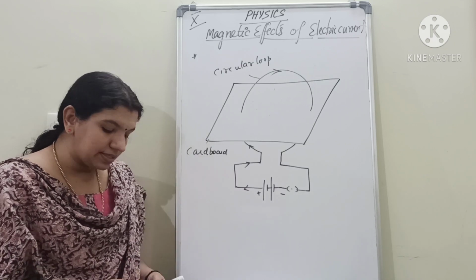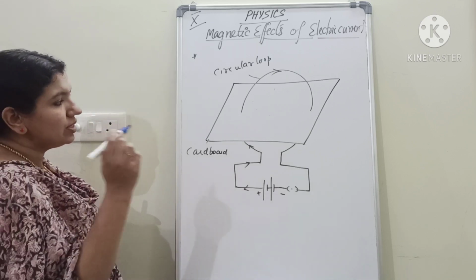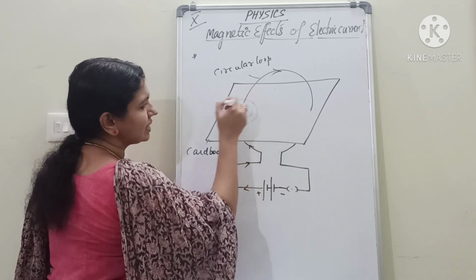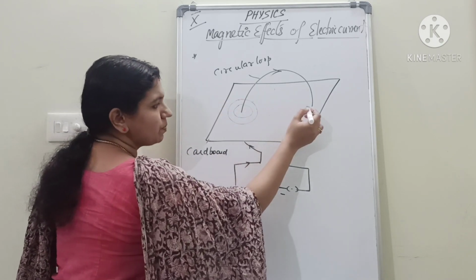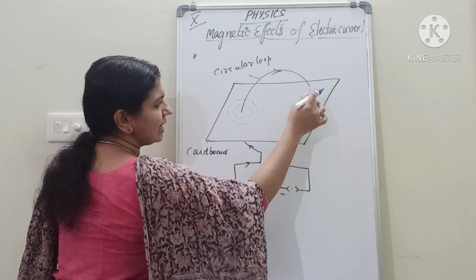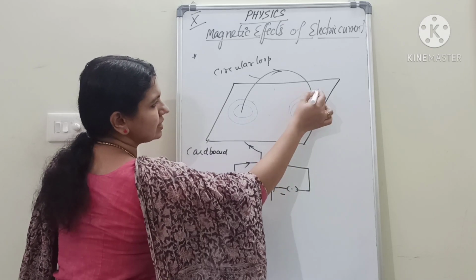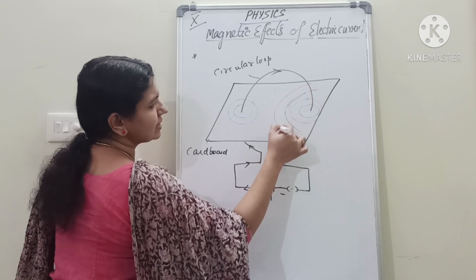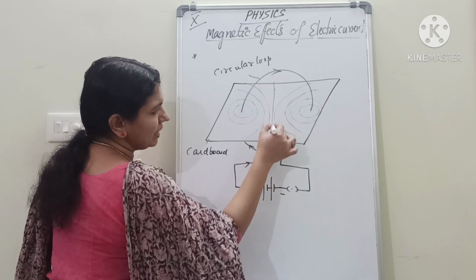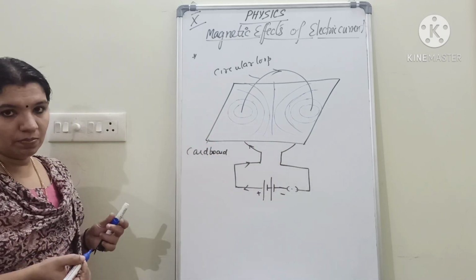What about the patterns? You can see concentric circles. At this point, I can see concentric circles like this. At this point also, concentric circles are formed. And towards the center, the circles will move like this and it will be like a straight line. What does it mean?